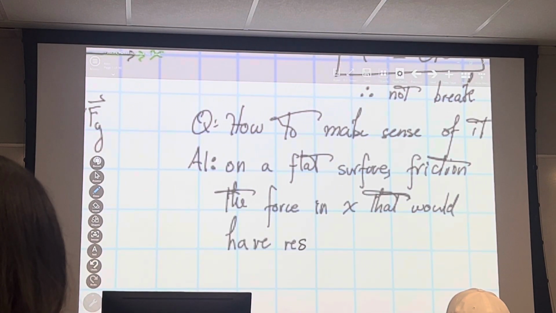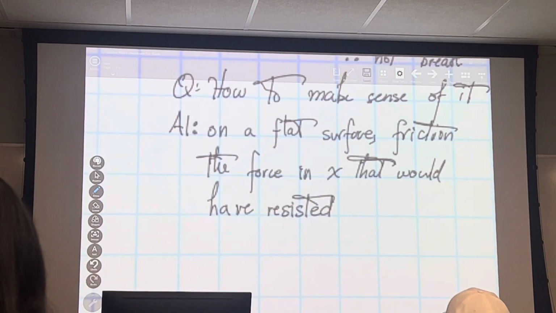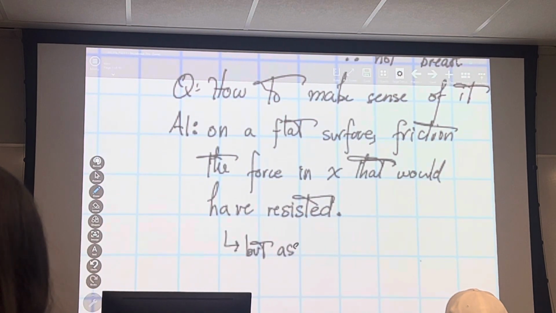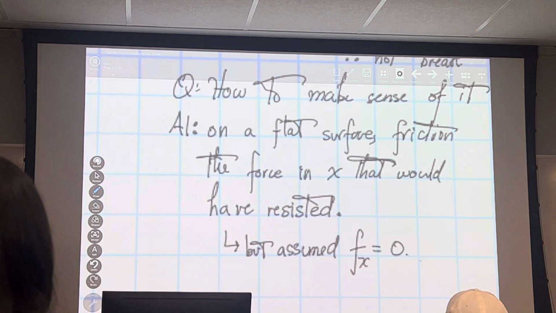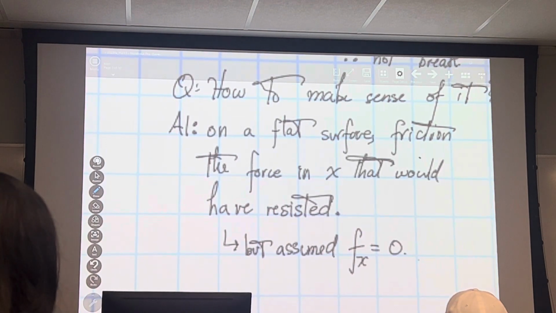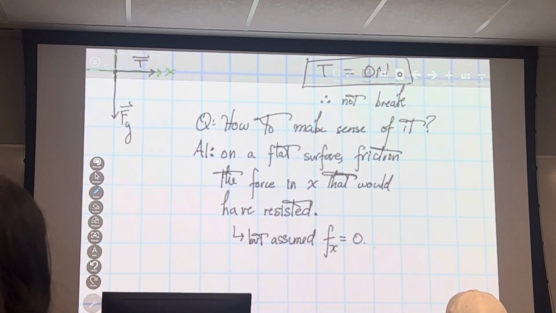But what was one of our approximations? That friction was 0. We assumed F in the X direction was equal to 0. So that's one explanation.